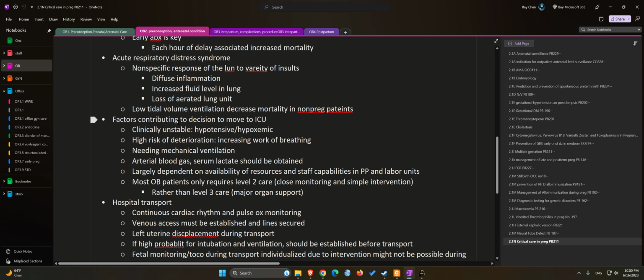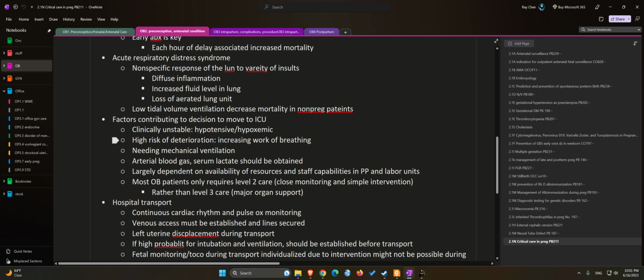Factors contributing to decisions to move to the ICU. Clinically unstable, such as hypotension and hypoxemia.